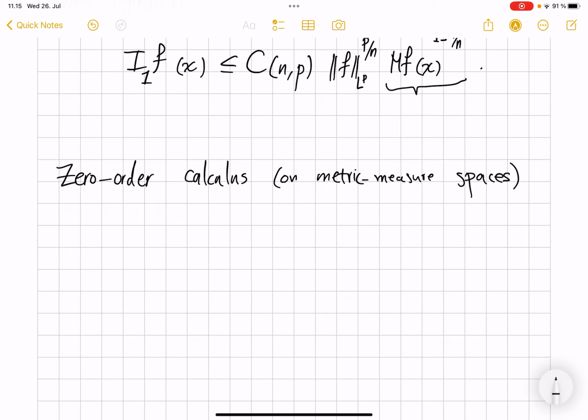For the maximal function, we have a function and we produce, by taking the supremum over averages, a new function, and then we showed that it's L^p to L^p. Remember that it was true in doubling measure spaces. And now we have this other operator, the Riesz potential of the function. And again, we have this boundedness result.